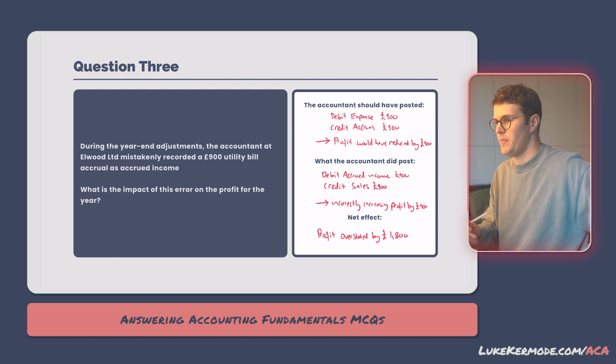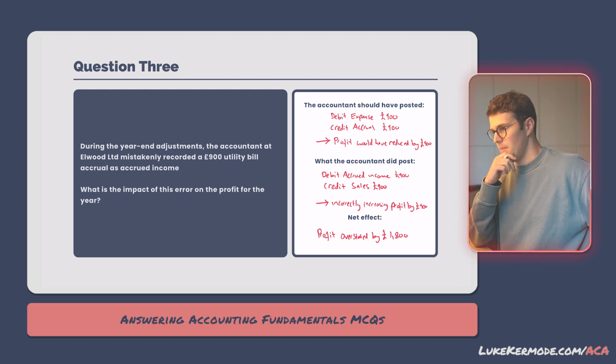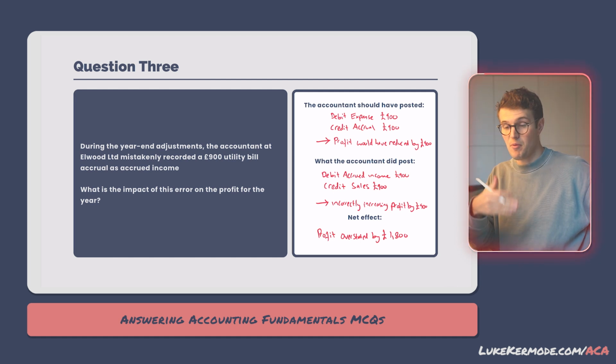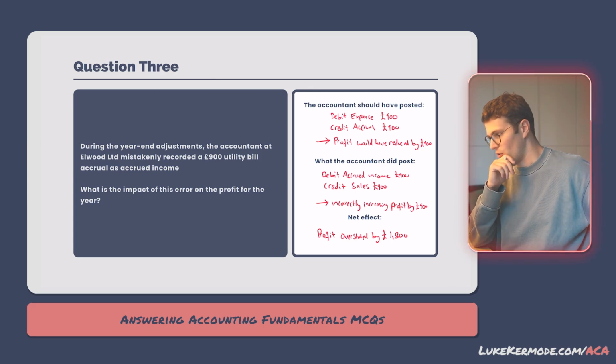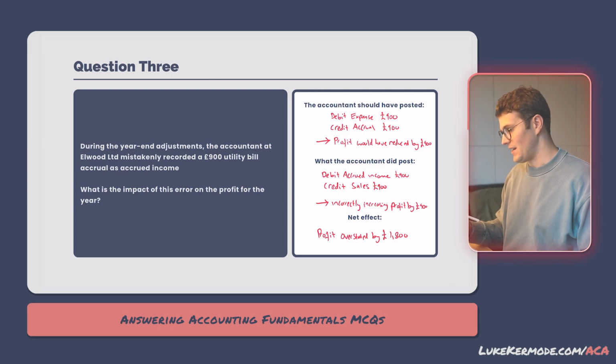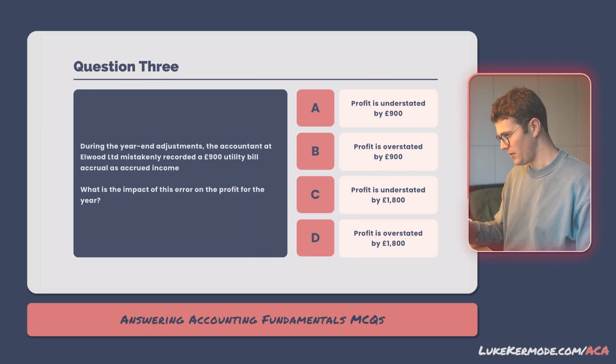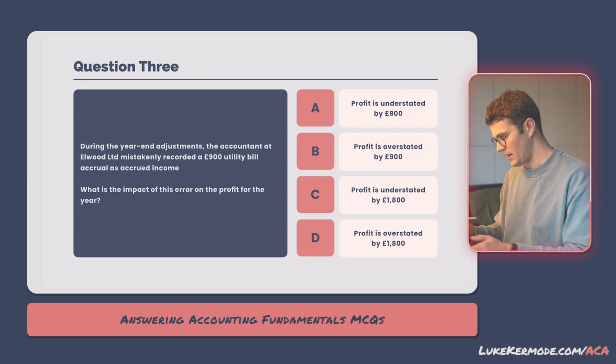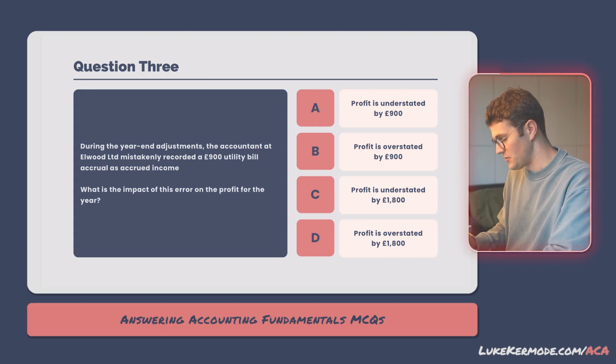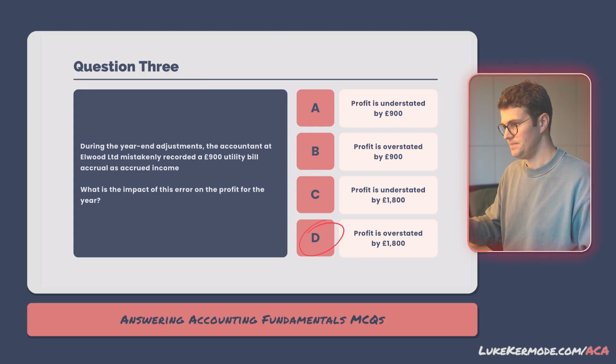It's £900 too high because an expense that should have been present was missing, and another £900 too high because incorrect income of £900 was added. So the overall impact of this error is an overstatement of profit by £1,800. So the correct answer again is option D.